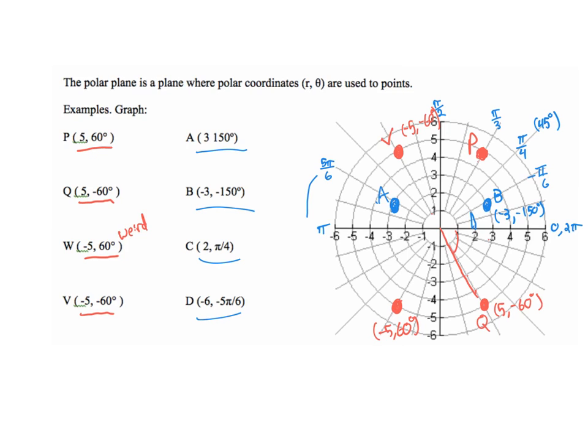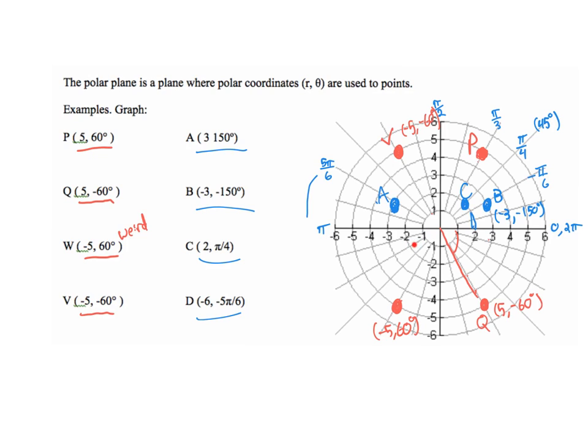Next, the radian measure ones. 2, pi/4. I know where pi/4 is. Pi/4 is if I go right up to the middle there, there's pi/4. And then 2, if I start from the origin, I'd go 1, 2. There's 2, pi/4. So that is point C. And then point D, -6, -5pi/6. So -5pi/6, I would start here, and I would count back: 1, 2, 3, 4, -5pi/6.